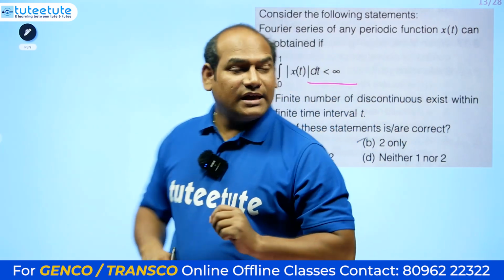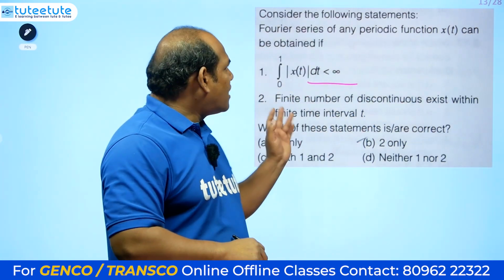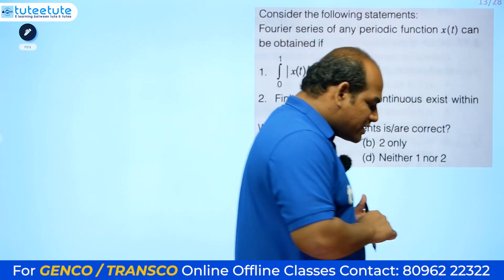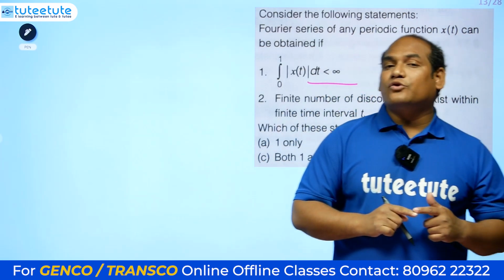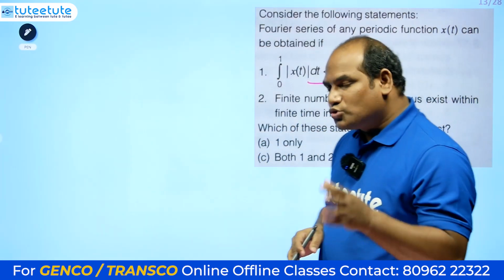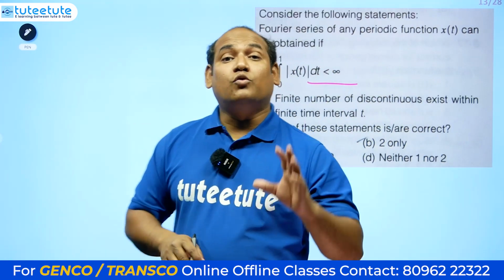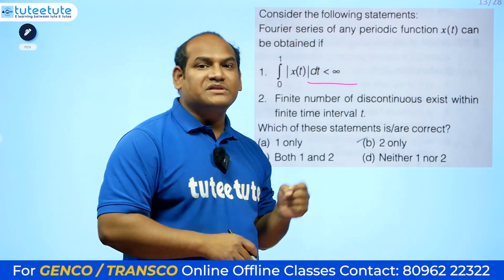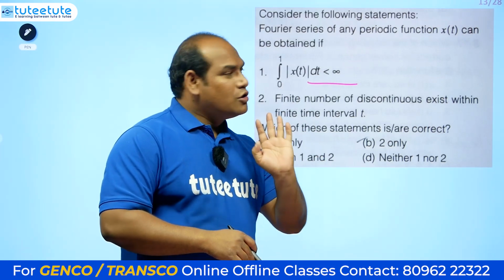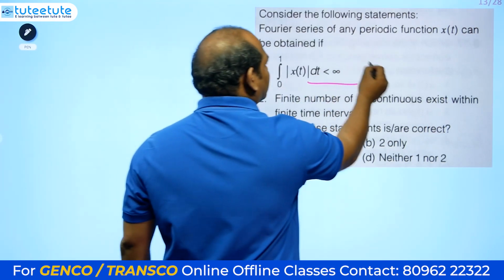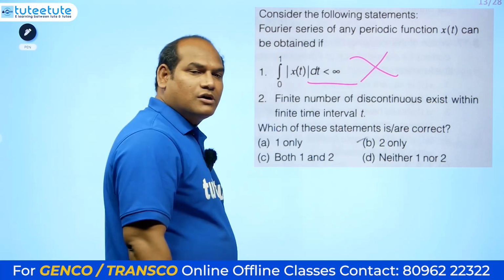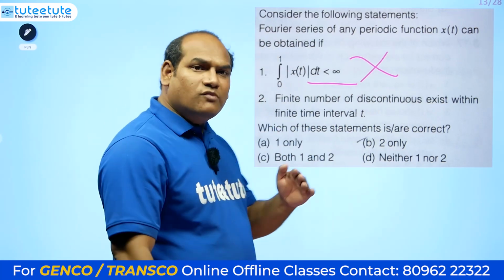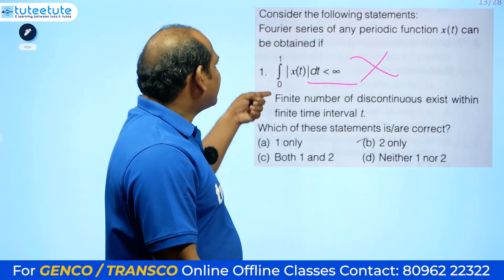Okay, actually whenever we consider Fourier series, you need to remember immediately that whatever integrals we are going to perform in the entire Fourier series, those integrations are over one period. Here they did not mention that x of t has time period equal to 1. So it is not the given thing. It is to be over one period, but here they have taken 0 to 1.